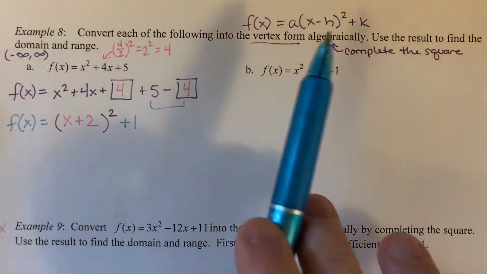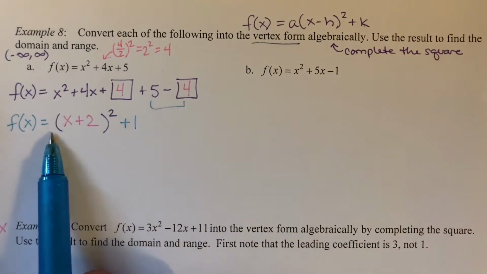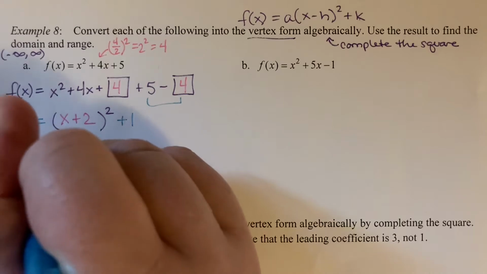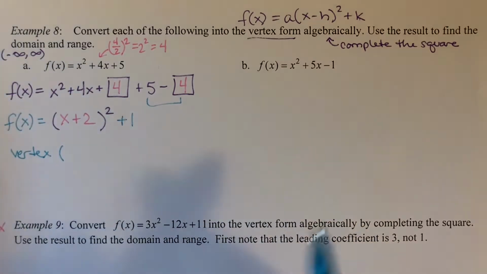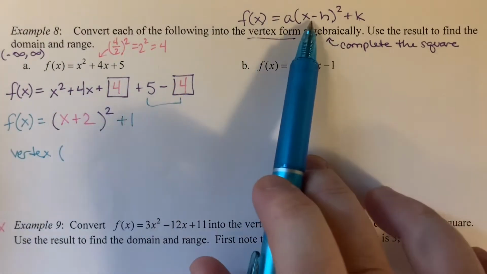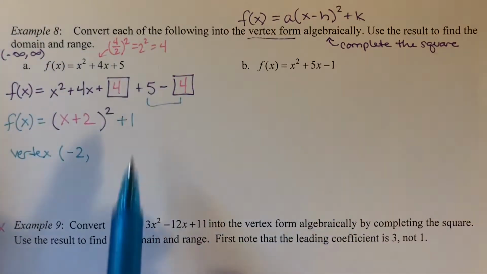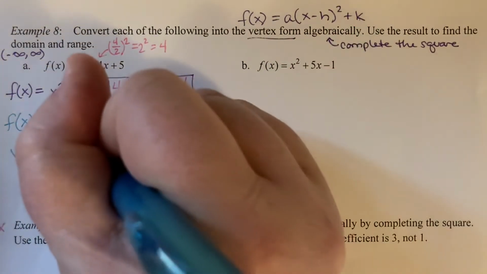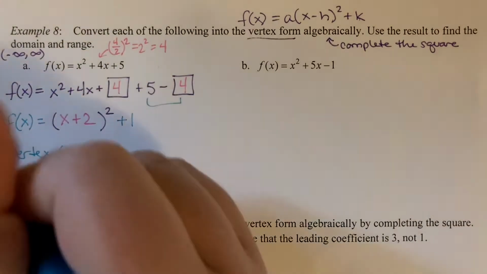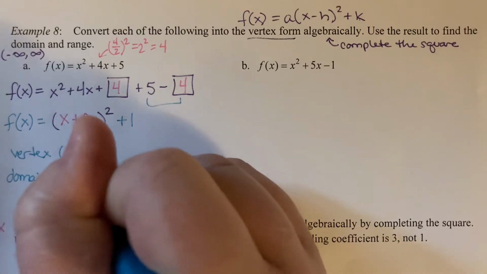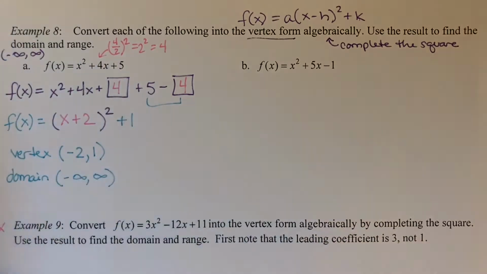So now it's in vertex form. A is 1, there was no leading coefficient. So the vertex is the point. And with the h, it's always opposite sign. So it's negative 2. And with the k, it's the same sign, so 1. Domain for every parabola is negative infinity to positive infinity.